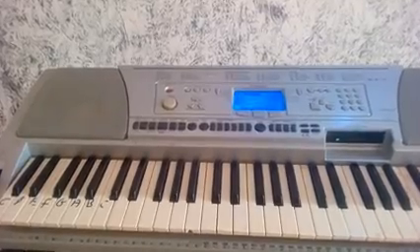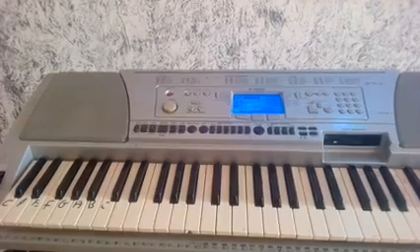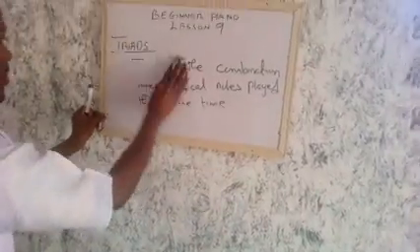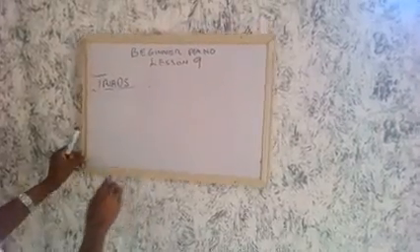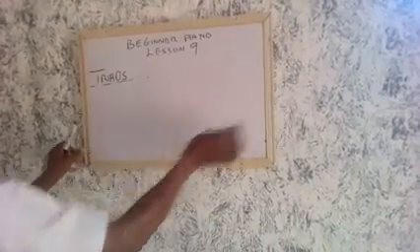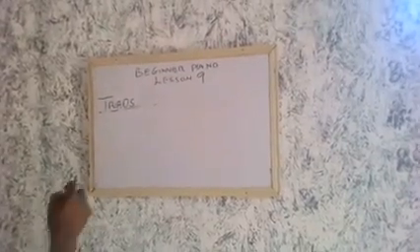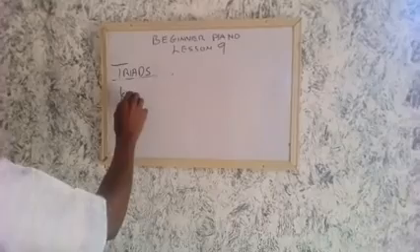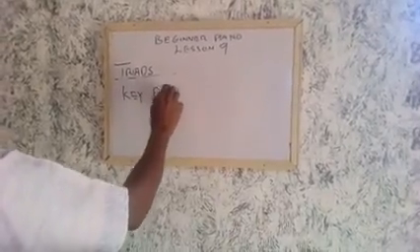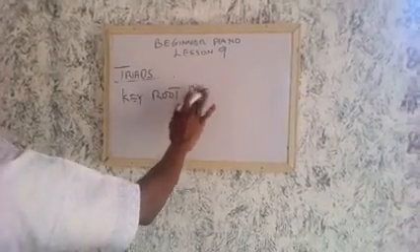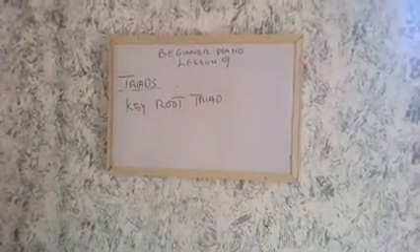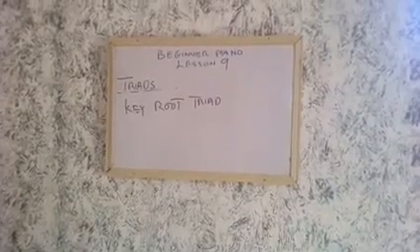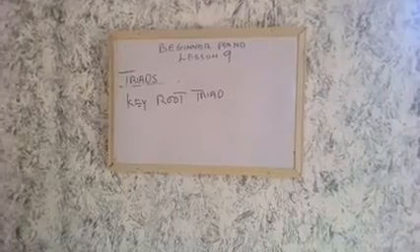Now for our root, we're going to try to form a triad on key C. The first thing you need to do to form your triad is identify where you want to form it.